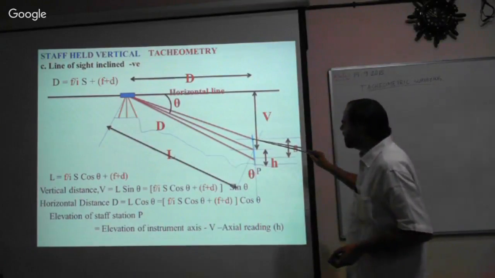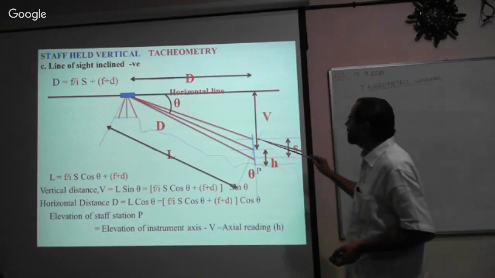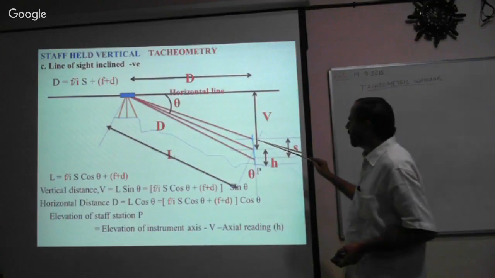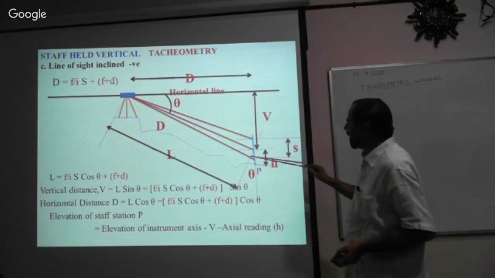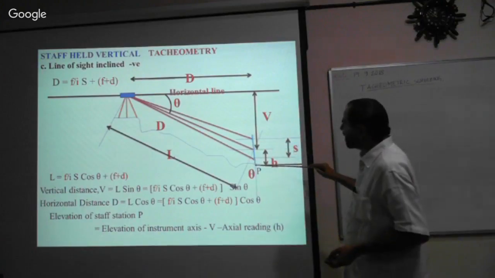Now we have measured the top hair reading and the bottom hair reading, whereas the staff is not perpendicular to the line of sight. Therefore, we have to find the perpendicular length between the crosshair intersections. Now, deal with this triangle. S is known, theta is known.